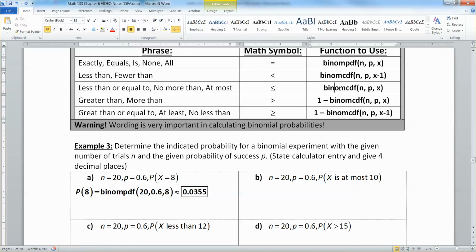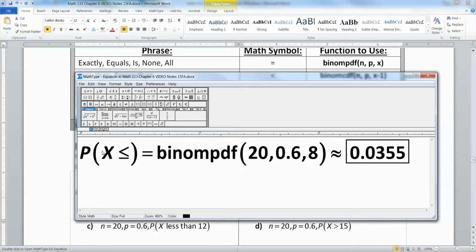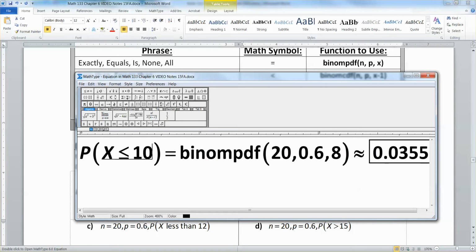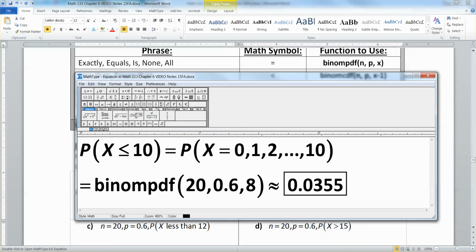CDF, by definition, is less than or equal to the value you're looking at. So when I have at most 10, what I'm really saying is I want the probability that x is less than or equal to 10. Now keep in mind what that means, right? That means that's the probability that x is 0, 1, 2, up to 10, right?